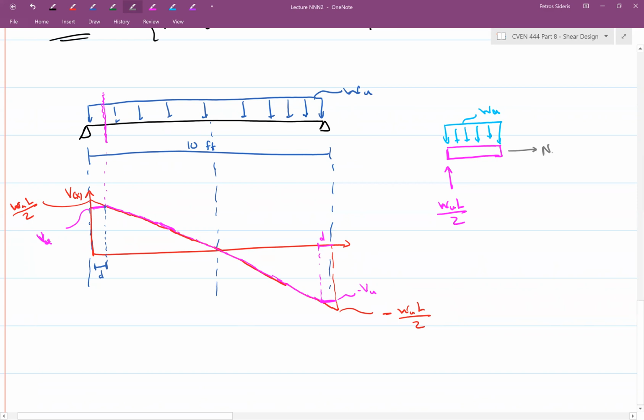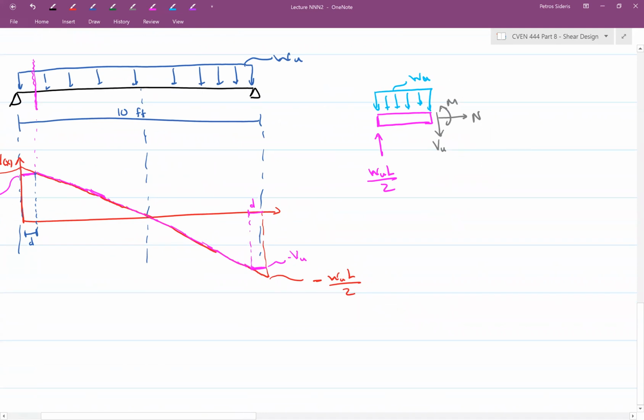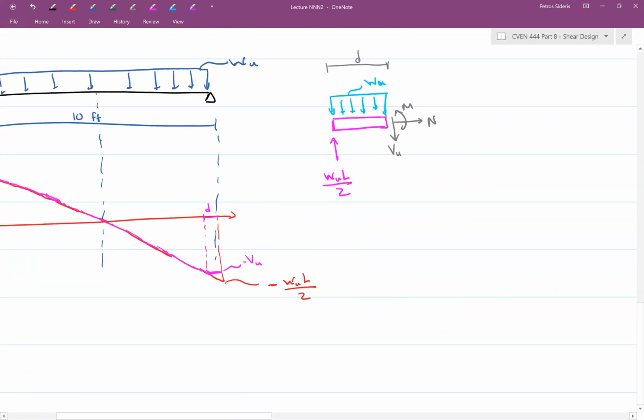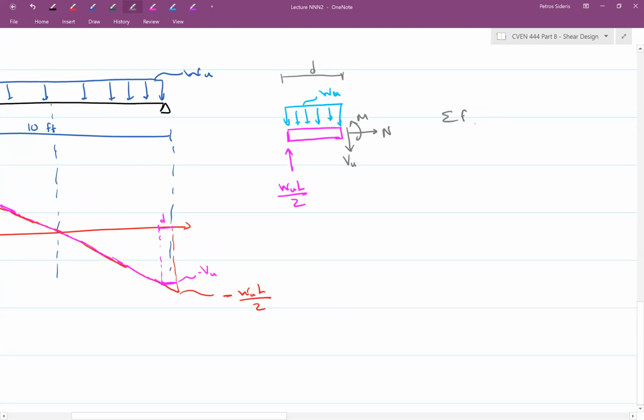You have your N, you have your shear force V, which is your VU here, and you have some moment M. Obviously, this distance is D. And if you take the sum of the forces in the y direction, which should be equal to 0, then you have VU equal to WU L over 2 minus WU times L.